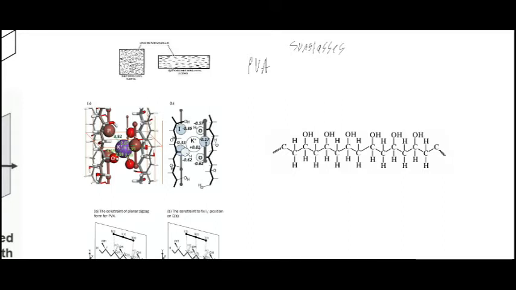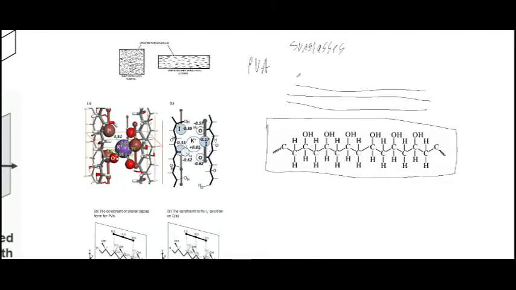It might be hard for you to read, but it says stretched sheet of polyvinyl alcohol, and that makes it so that all of the polymers that look like this are sort of oriented in the same direction. And then what they do is they actually dope it with iodine. So they have here potassium iodide.